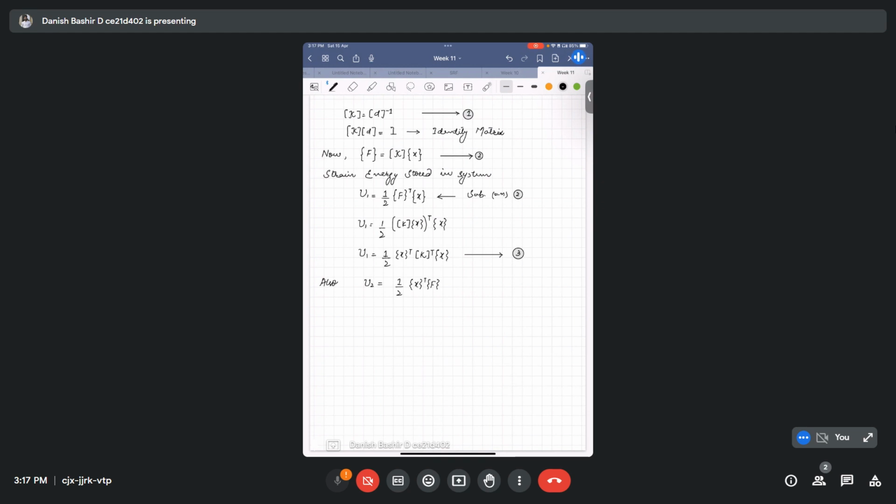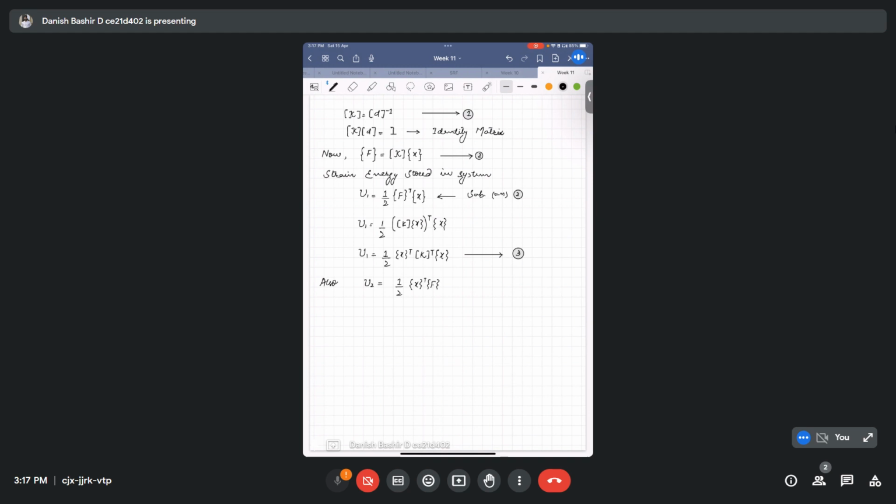The product of two vectors of equal dimensions gives a scalar, so it doesn't matter whether you multiply AB or BA. In the first step I wrote F transpose times x, and in the second step X transpose times F. It should not change the final result.